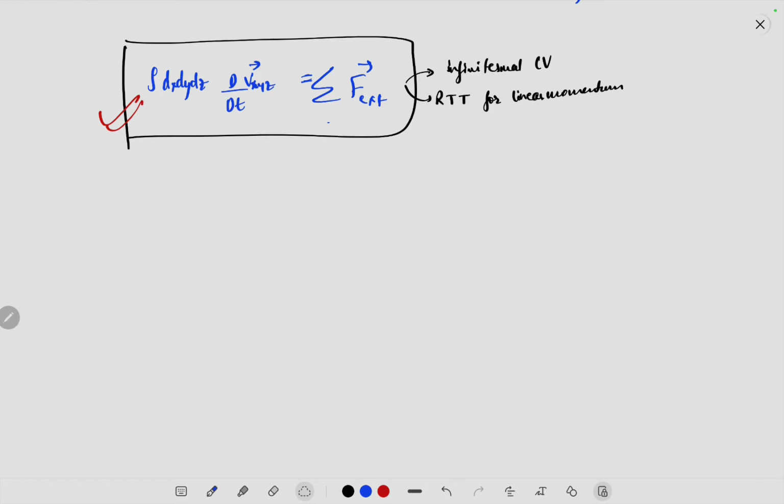Then I told you that the derivation is still incomplete, since we have to put in the forces due to shear stresses, the normal stresses, and the body forces.